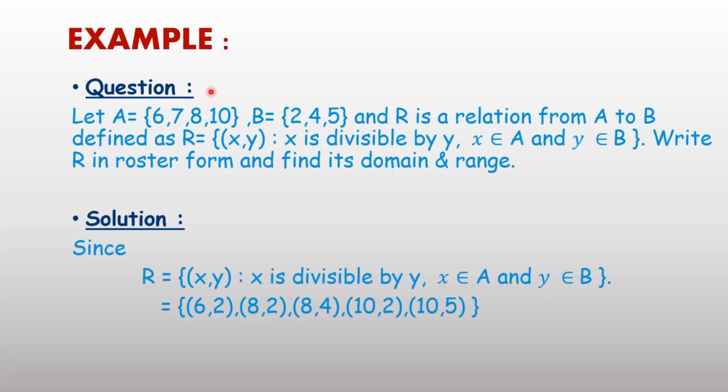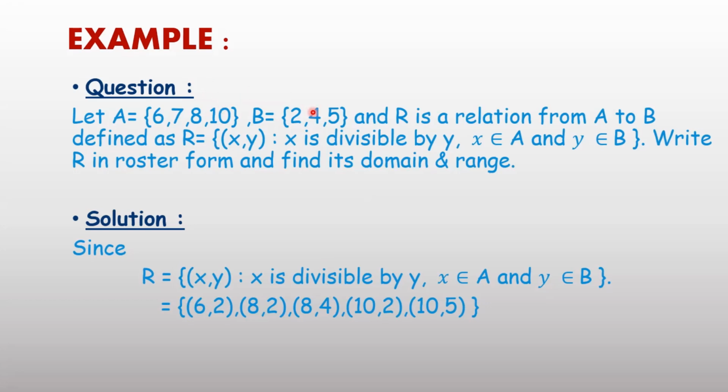Now 8. 8 is divisible by 2, means the next ordered pair is (8, 2). 8 is divisible by 4, next ordered pair (8, 4). 8 is not divisible by 5. You will not write this. Now next, 10. 10 is divisible by 2, next ordered pair (10, 2). 10 is divisible by 4 or not?